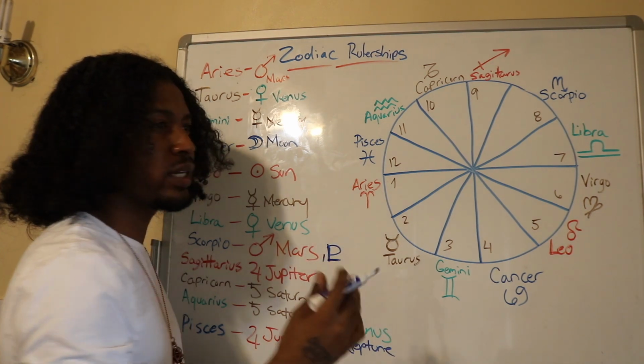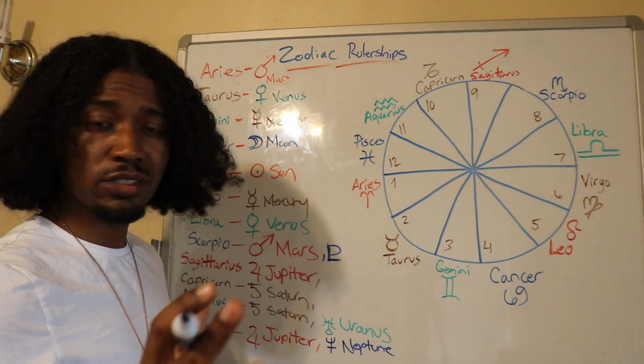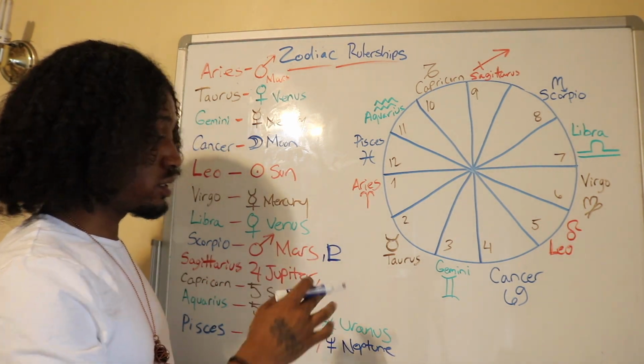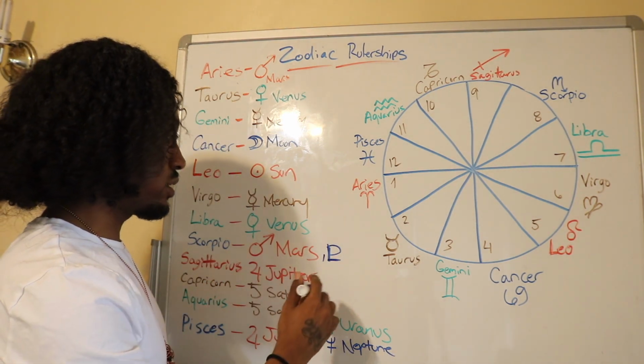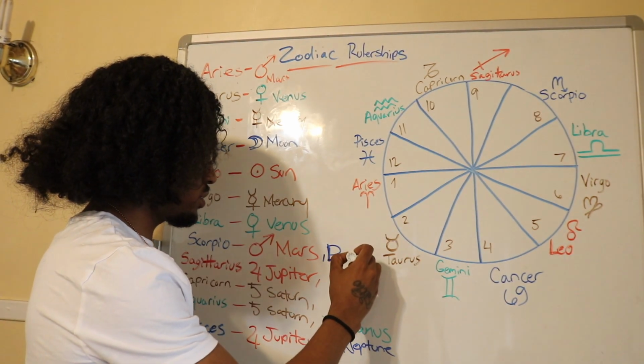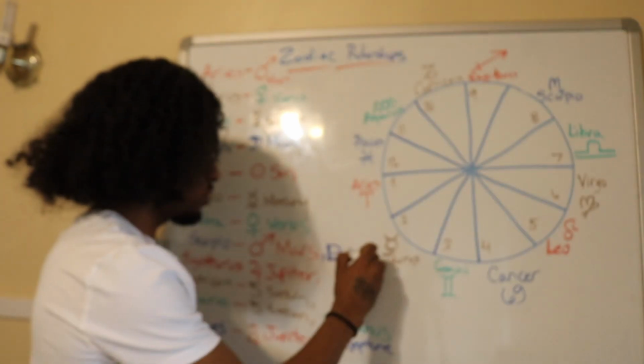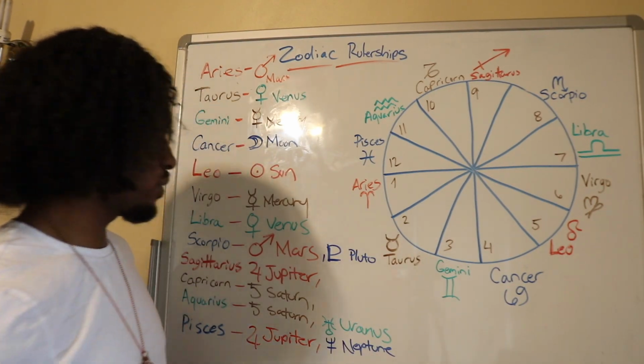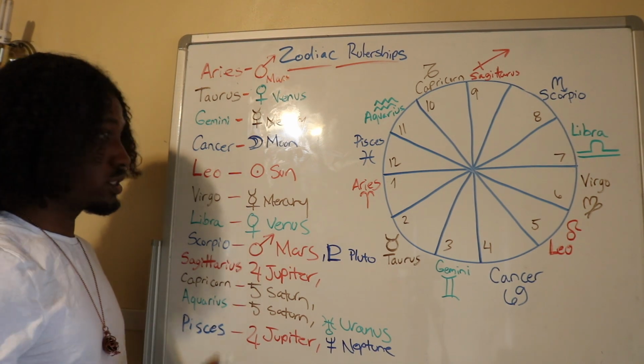One looks like a ball with something holding it, and the other one looks like a P with an L in it. But this is basically Pluto.